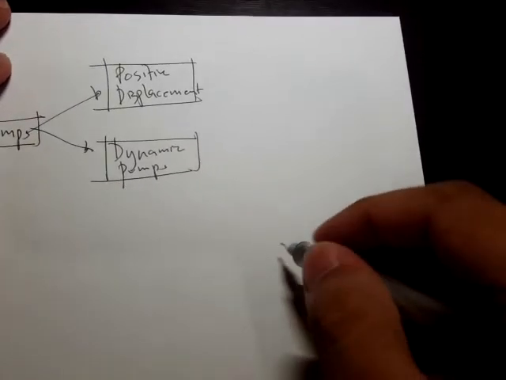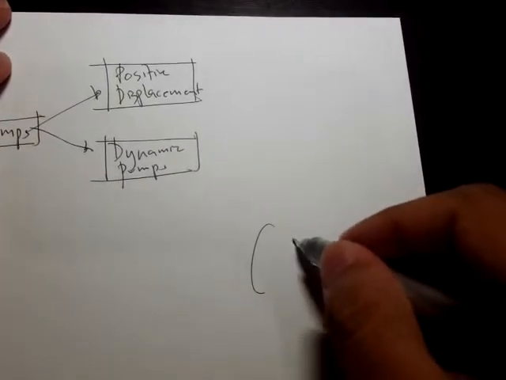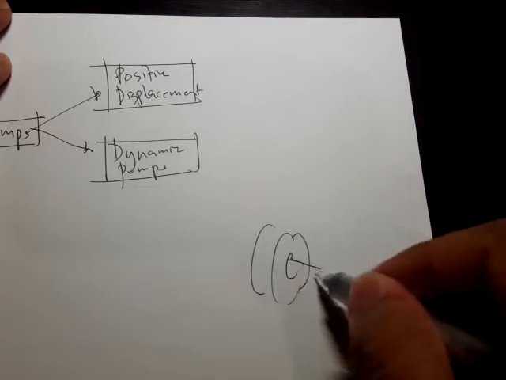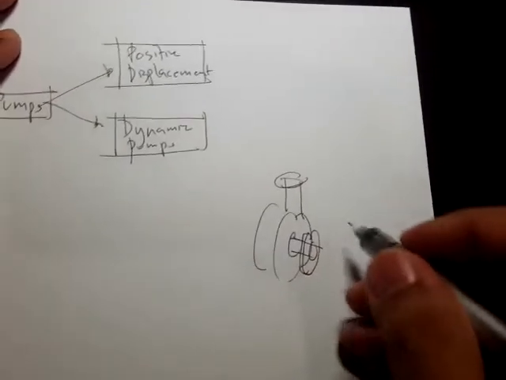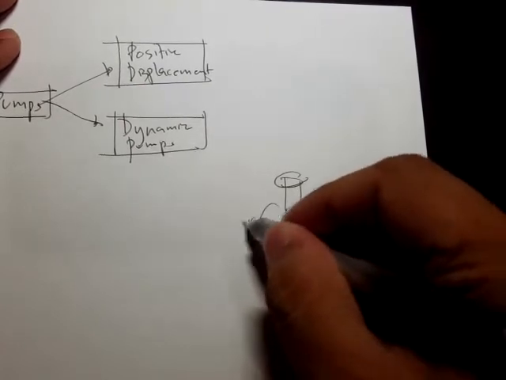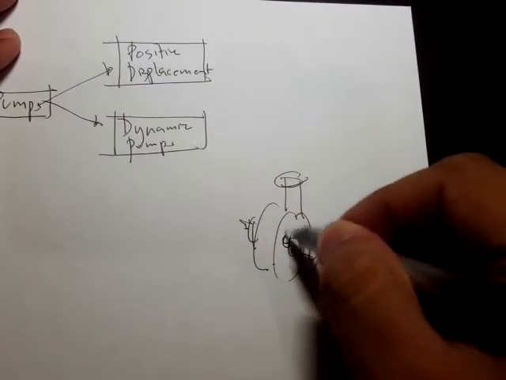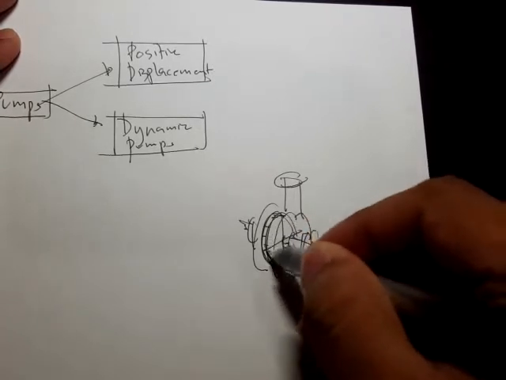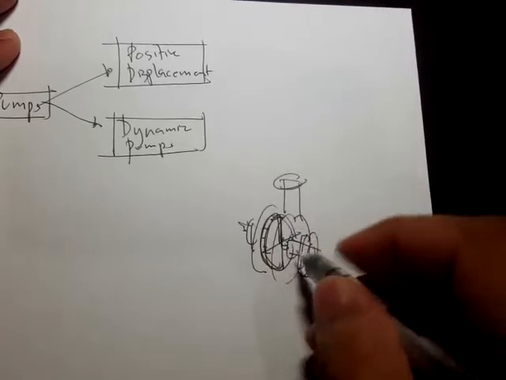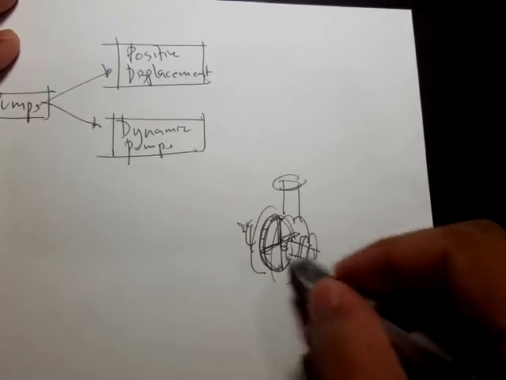Right, so for example, we have here this centrifugal pump. Right, so here's our centrifugal pump, and we know that there's an impeller. There's this device called an impeller, or something like a blade.